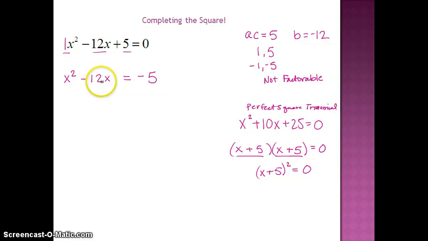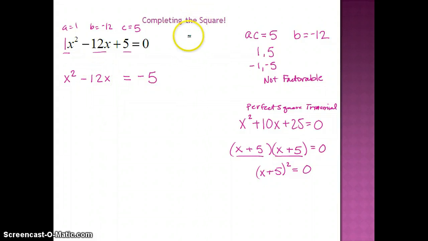Again, we know our A term is 1, our B term is negative 12, and our C term is 5. So we look specifically at the B term.